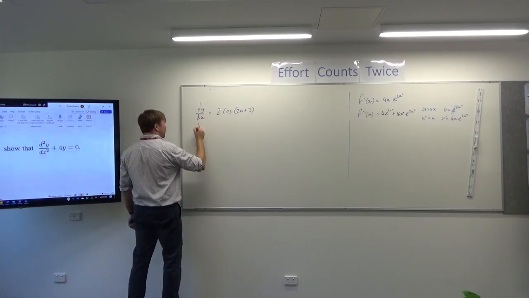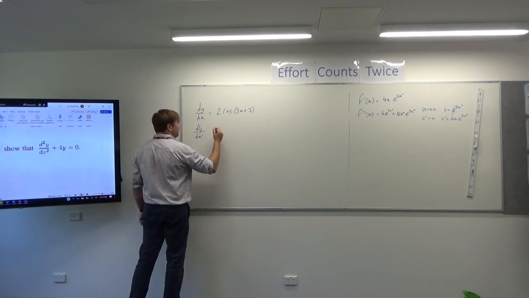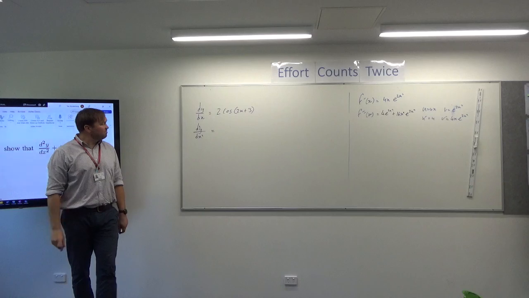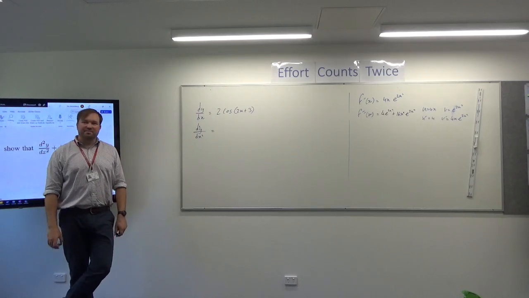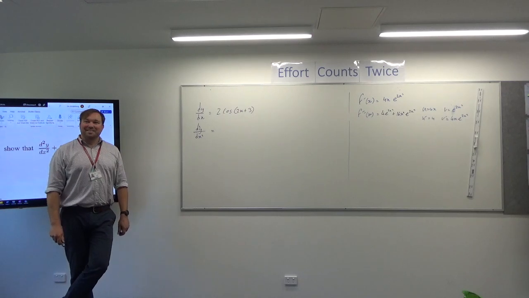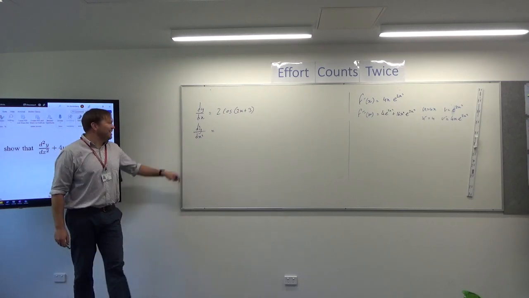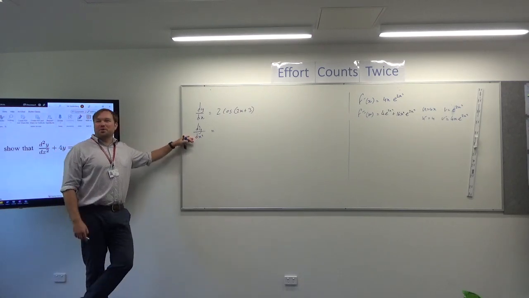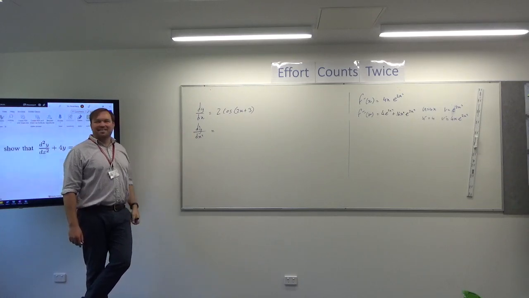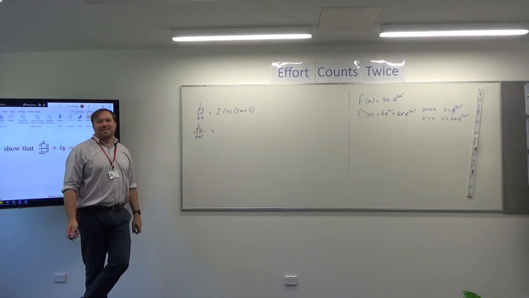d squared y on dx squared. Why is it written like that? Why is the d squared at the top and then the x squared at the bottom? It's going to sound bad, but I don't know. And it doesn't matter. It's just the second derivative. In the test, if we accidentally make it y squared, I don't care.